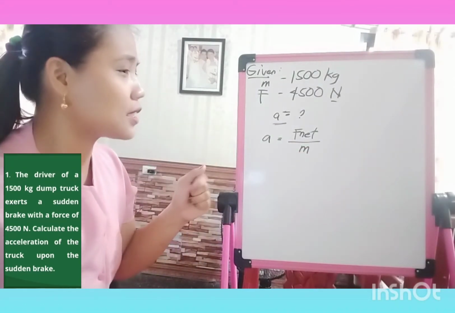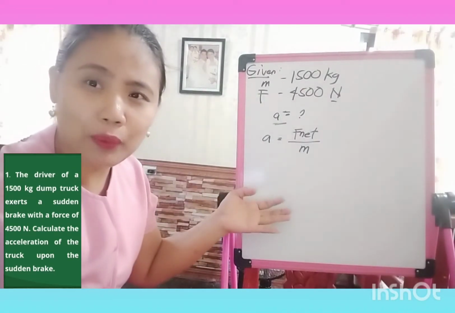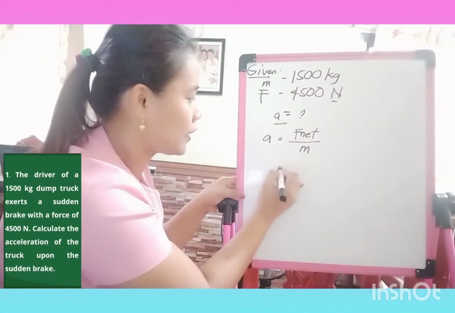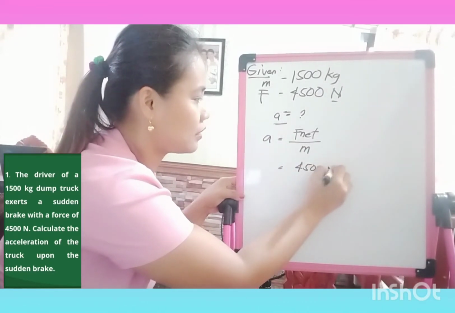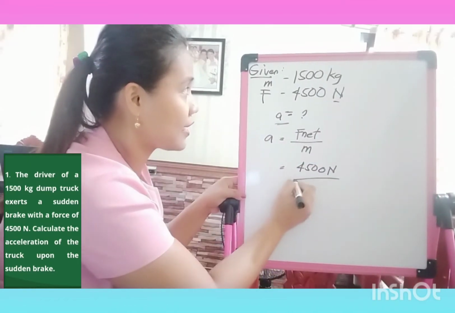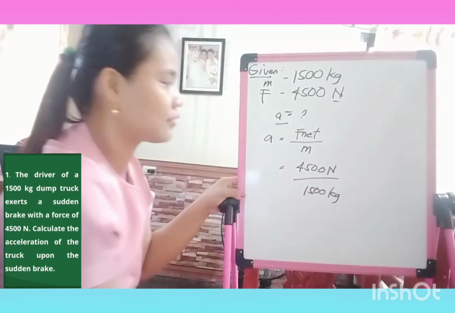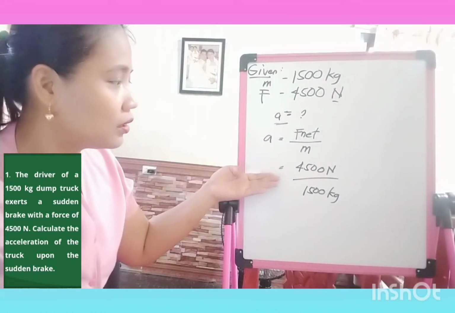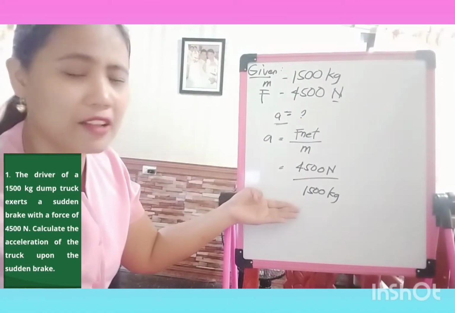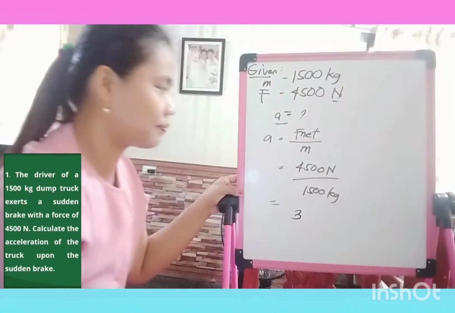Next, we have to substitute the formula with the given. So the net force is 4,500 Newton divided by 1,500 kilogram. So we have 3.